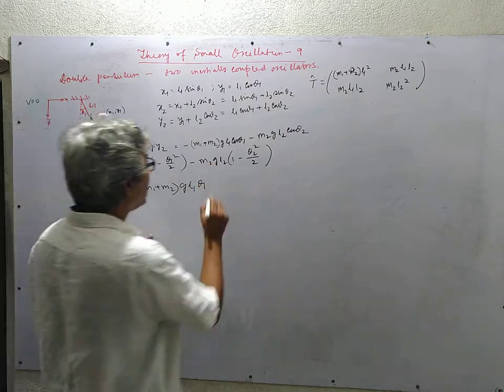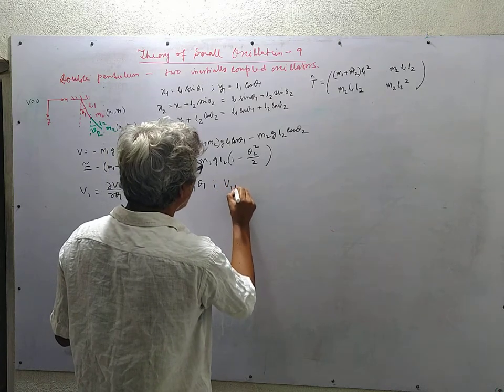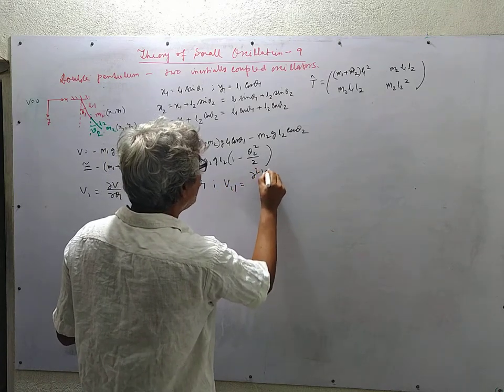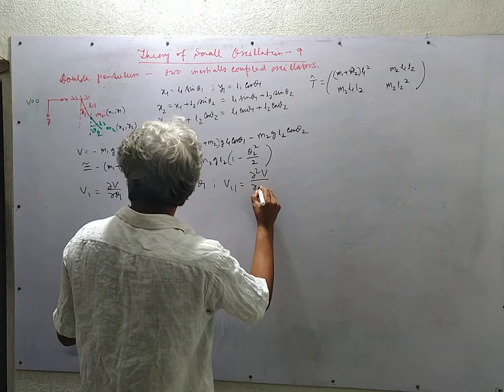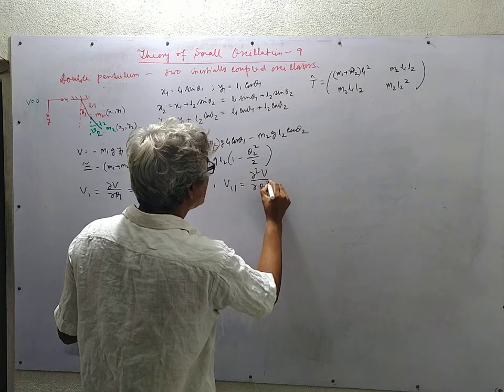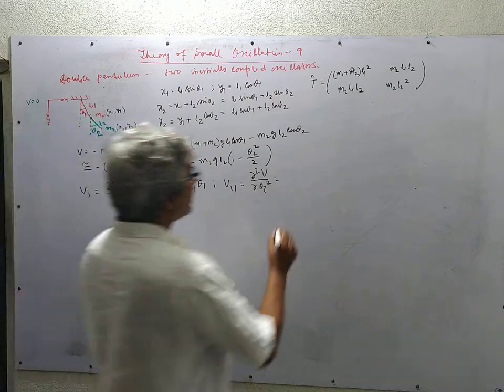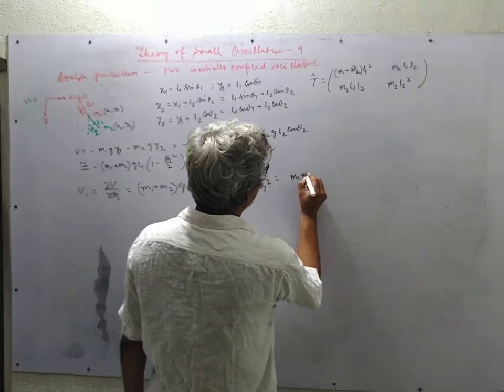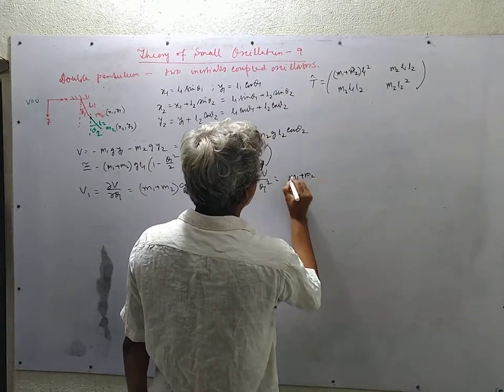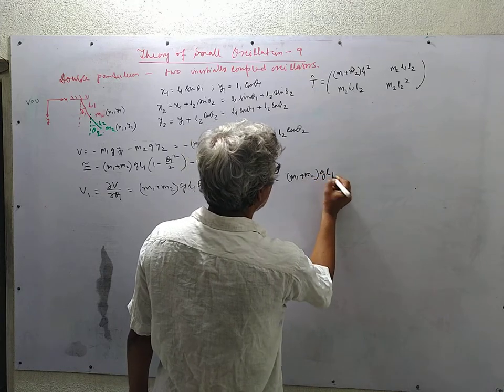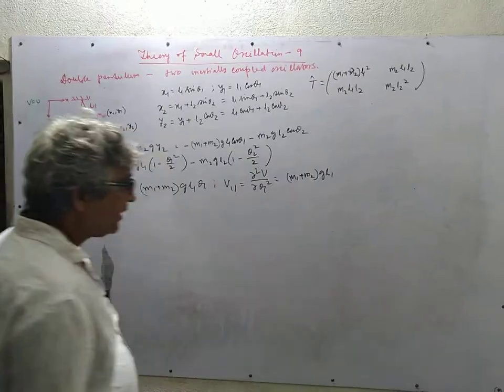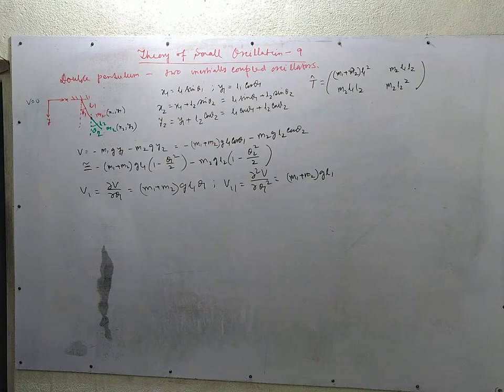And P11 is the del 2V del theta 1 2. So when we differentiate it, we get it as (m1 plus m2) g l1. In the other case, there were no constant term in the potential.